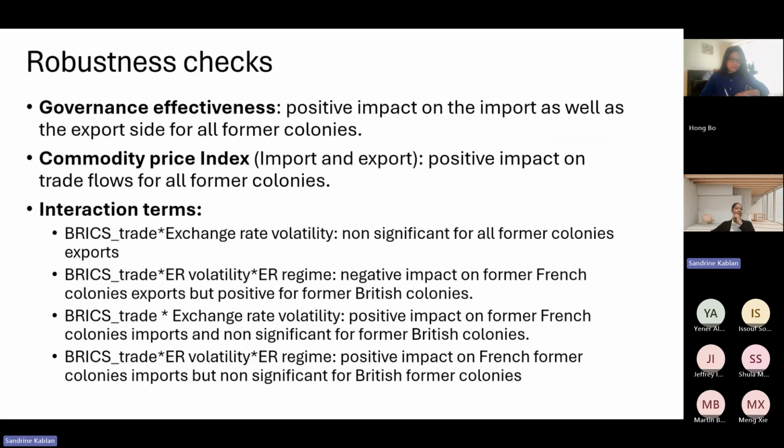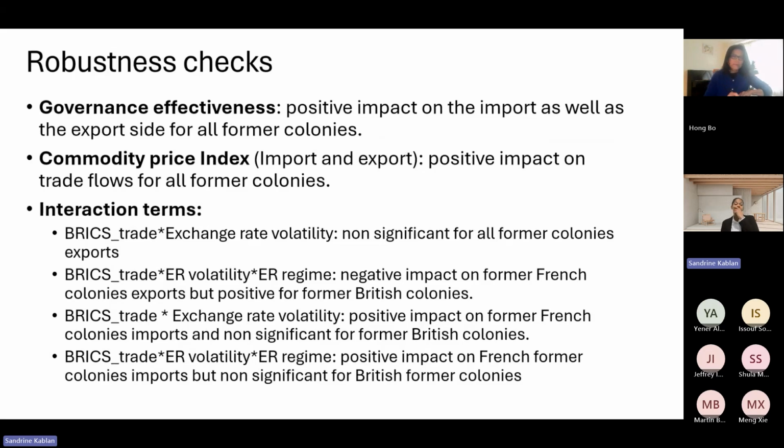In addition to the other common gravity variables, we add governance effectiveness. We saw that it had a positive impact on the import as well as the export flows for all former colonies.